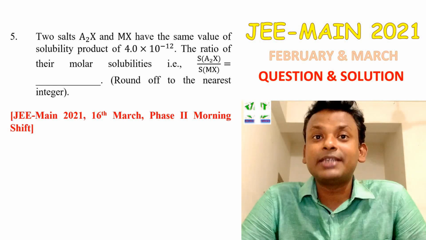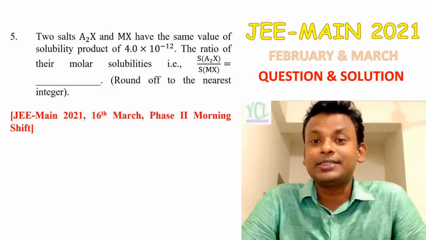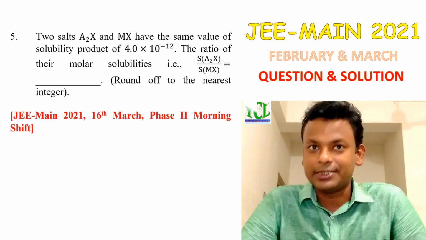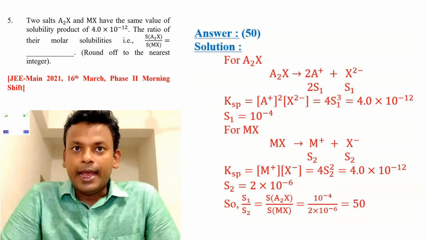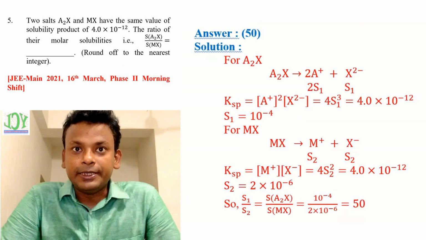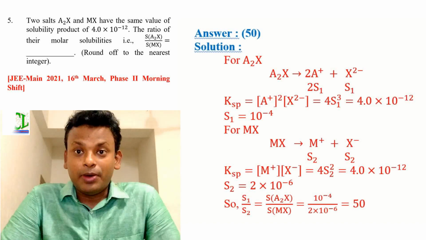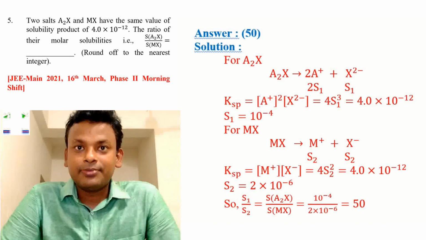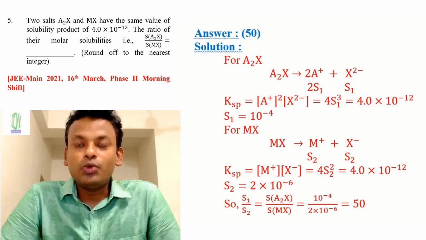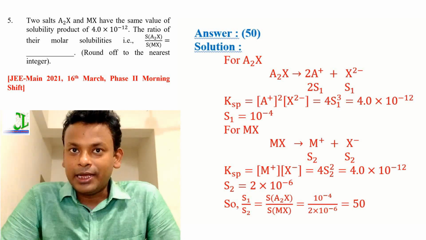And this question was set in 2021, 16th March, page 2, morning shift, and answer is 50. First compound, for A2X, first dissociate 2A positive plus X2 negative.